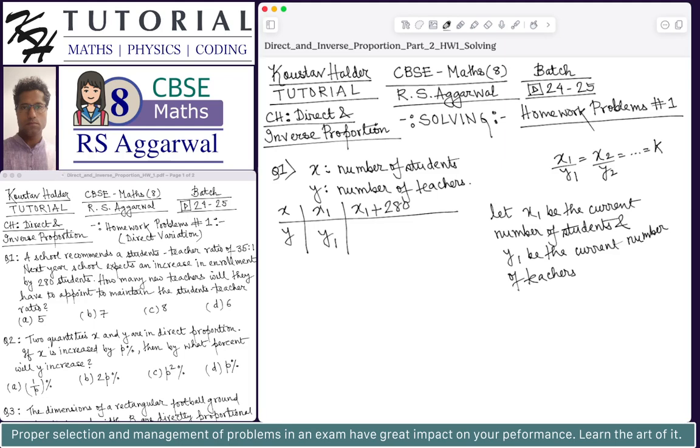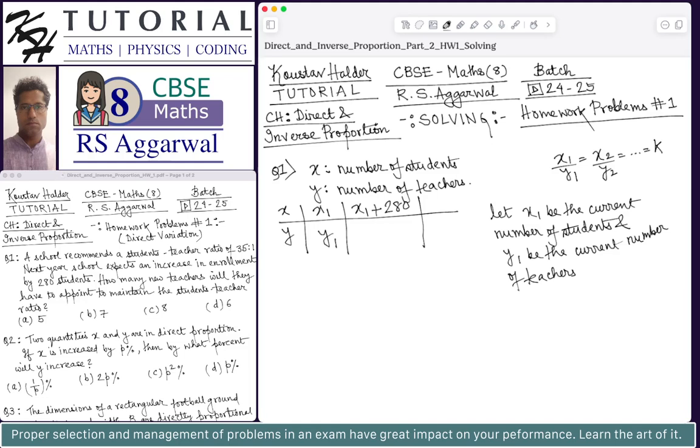The first column, that is x1 and y1, is the data for the current year, that is, x1 is the number of students in the current year and y1 is the number of teachers in the current year, and in the second column x1 plus 280 will be the number of students in the next year.